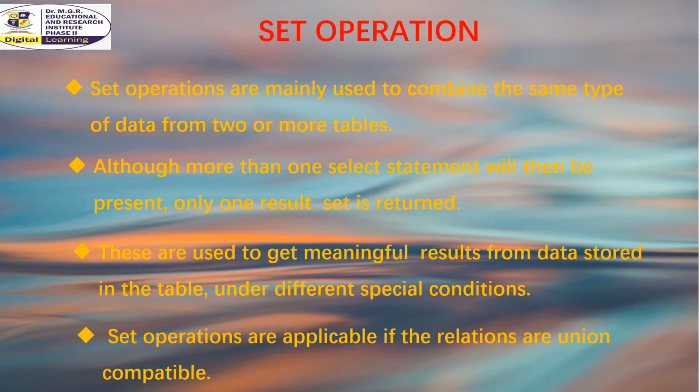Now we should know what is union compatible. Union compatible means the relations, that is R1 and R2, must be of the same degree. It means that two relations are union compatible if the number of columns or attributes are the same.